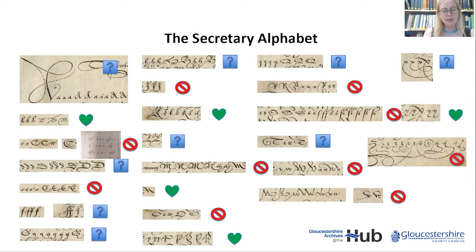And then the blue question marks are ones that, in my opinion, are a little bit hazy and could potentially be different letters depending on how well they're written. That often is simply because there's quite a lot of different variations of them. Often you can find all of those variations in the same document.